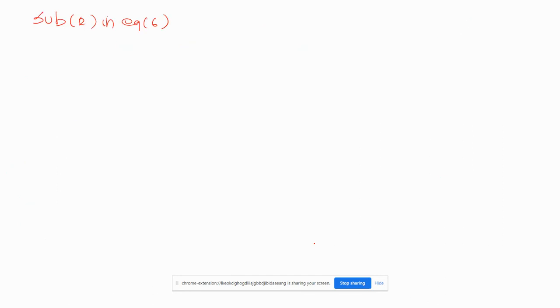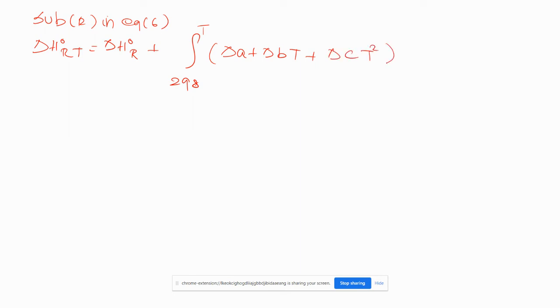So now what you will get is del H naught R at T is equal to del H naught R at 298 plus the integral from 298 to T of del A plus del B T plus del C T square dt.